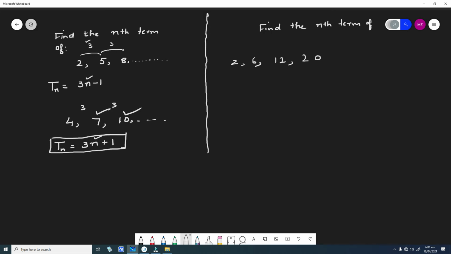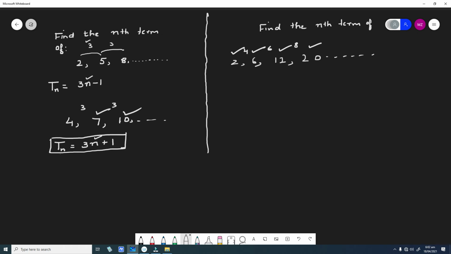Now here we have got another sequence. The terms are 2, 6, 12, and 20. And as you can see, the common difference between these terms is not the same. The difference between 2 and 6 is 4, and between 6 and 12, the difference is 6, and similarly the difference between 12 and 20 is 8.